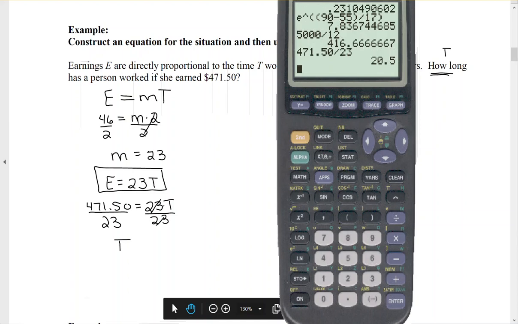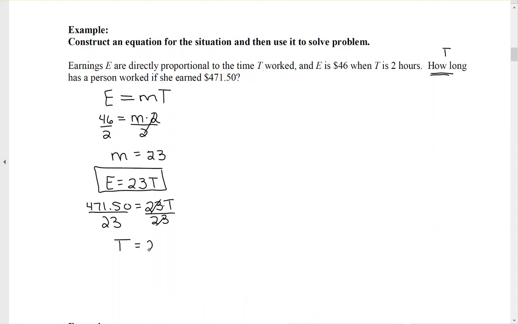Now it doesn't say to round your answer, so give it as 20.5. And again, we were looking for the input variable T, and T was time, so that's going to be in hours. So it's going to take a person 20.5 hours to earn $471.50.